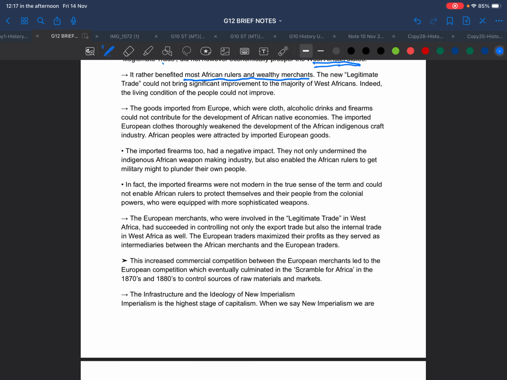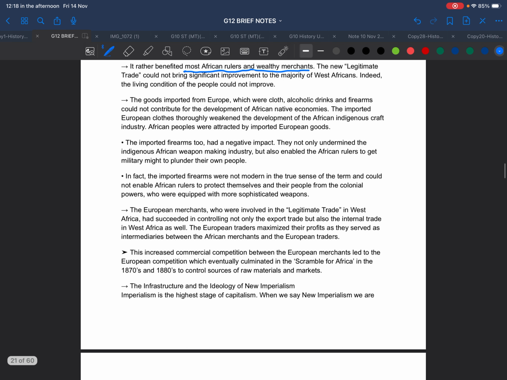The new legitimate trade could not bring significant improvement to the majority of West Africans, as I said. The natives, the largest portion of the people of West Africa, did not benefit. Indeed, the living conditions of the people could not improve.